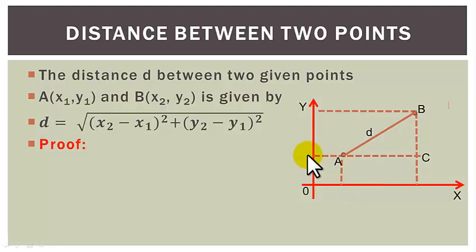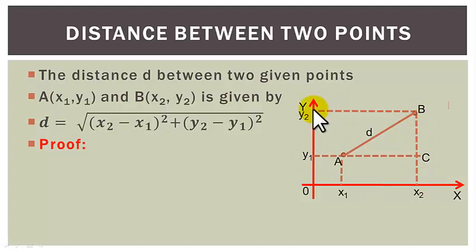So the x coordinate is x1, while the y coordinate is y1. Also, the coordinates of the point B are x2, y2. So at this point we have x2, while at this point we have y2.